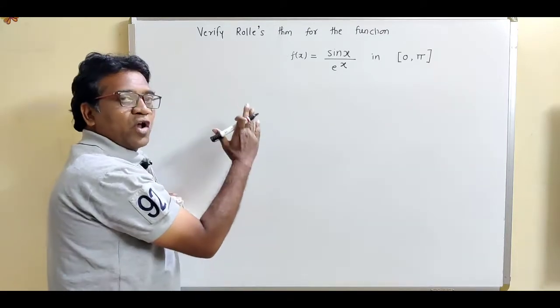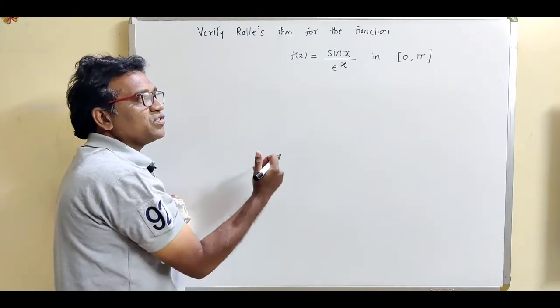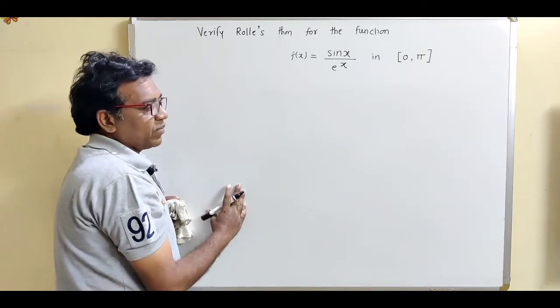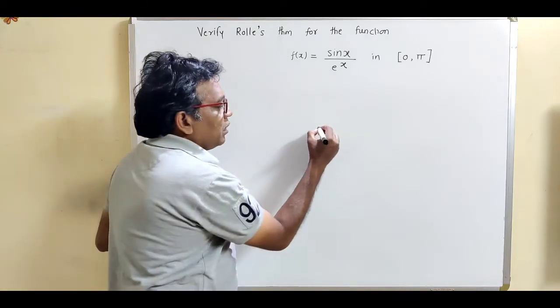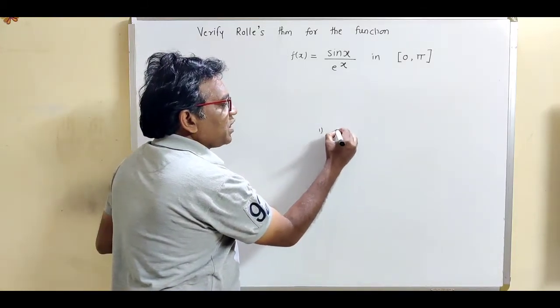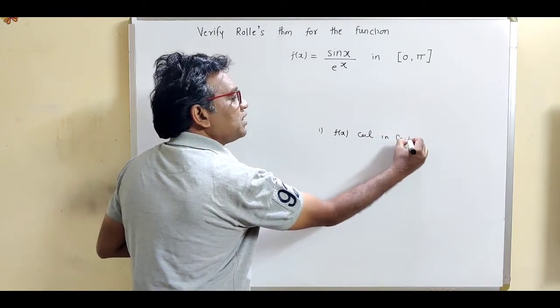Now verification of Rolle's theorem means we have to check three conditions for Rolle's theorem. See what is the requirement for Rolle's theorem. We have to check whether the function is continuous in the closed interval [a, b].